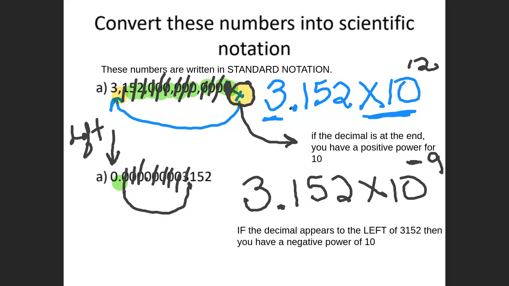Okay. Are there any questions? If you have a lot of zeros in the number and we write it with all of the zeros, that's standard notation. We now are putting it in scientific notation. Now the key is there must be only one digit to the left of the decimal.